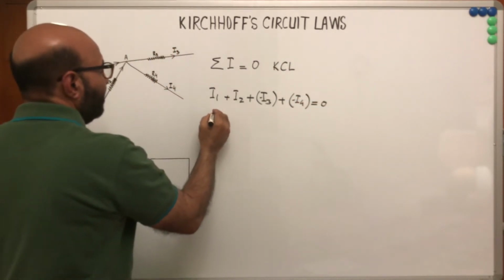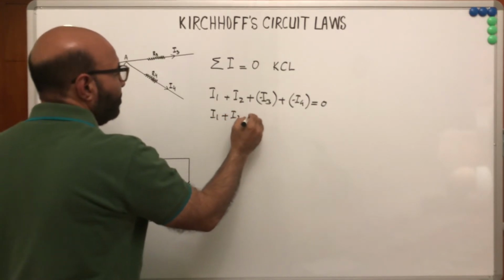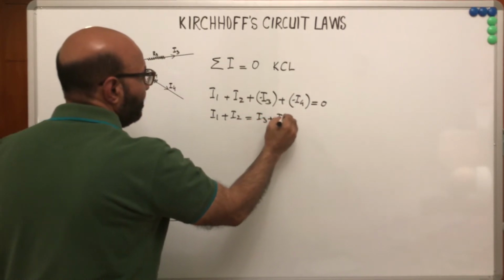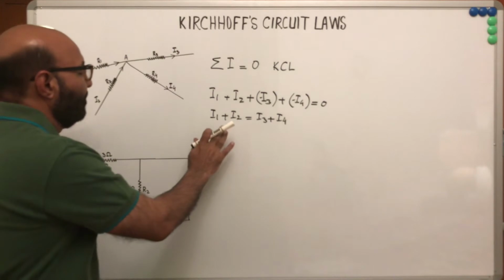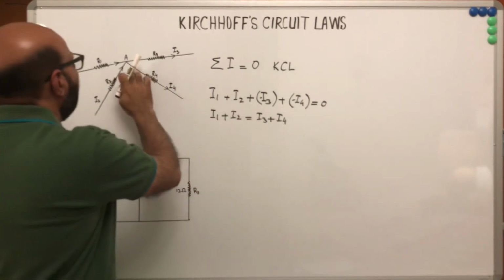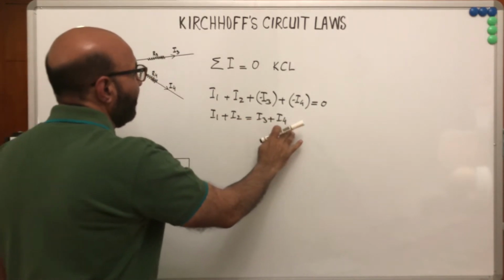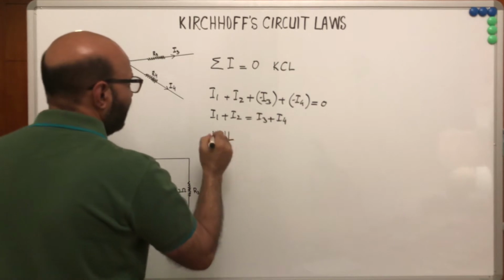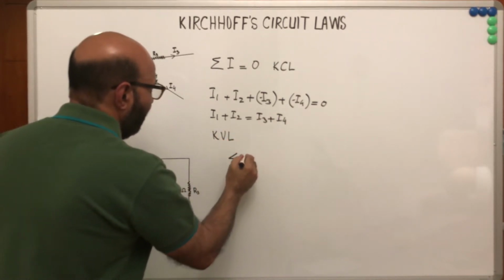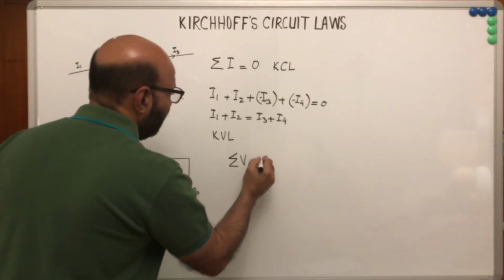Or we can also write this equation as I1 plus I2 is equal to I3 plus I4. We can say that the currents flowing towards a point are equal to the currents flowing away from the point. Voltage law states that the sum of all the voltage changes in a closed circuit must be equal to 0.